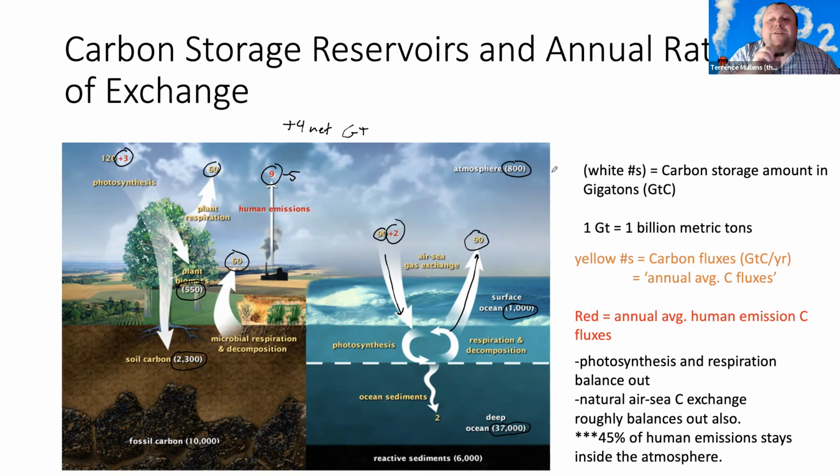Because in just even a few short years, so much additional carbon has been added to our atmosphere that natural processes haven't been able to keep up with.